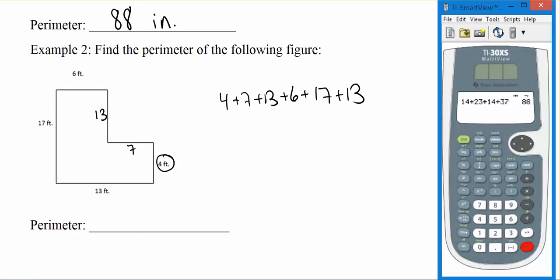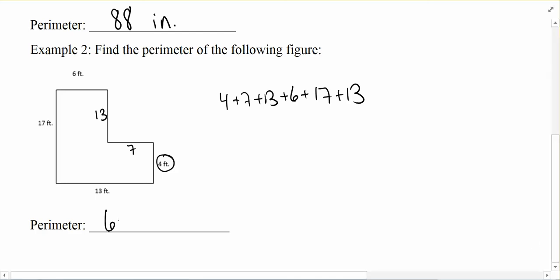So now I bring my calculator back out, and I've got 4 plus 7 plus 13 plus 6, plus 17, plus 13 adds up to 60. All of these were in feet, and so 60 feet is the perimeter.